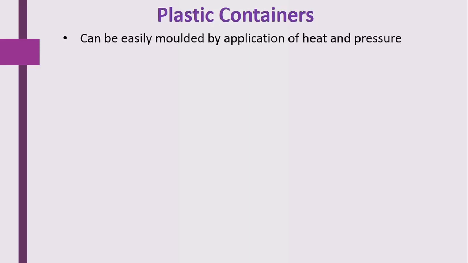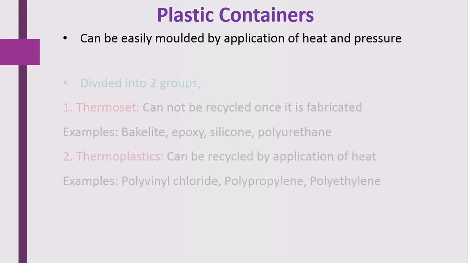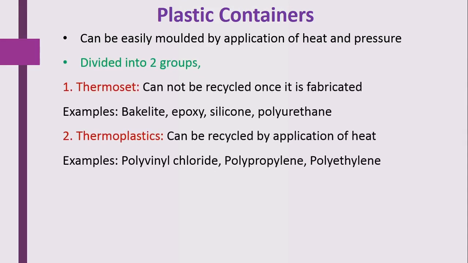Plastic containers are used because of their properties, because plastic can be easily molded by application of heat and pressure. So we can make different capacities of plastic containers. These plastic containers are divided into two groups on the basis of the polymers used for manufacturing.